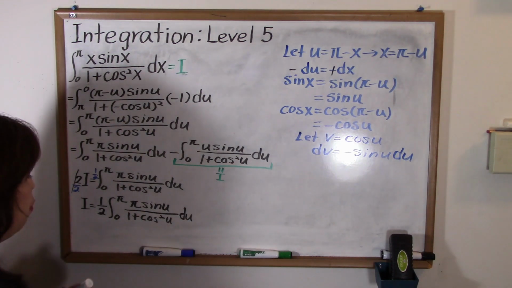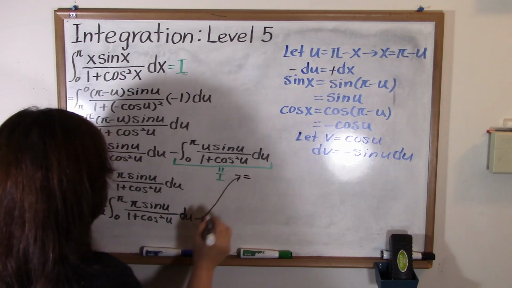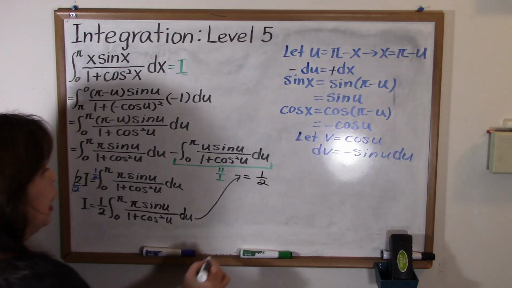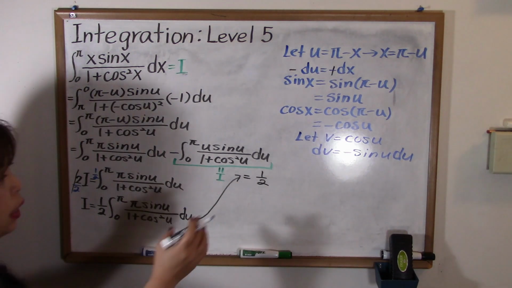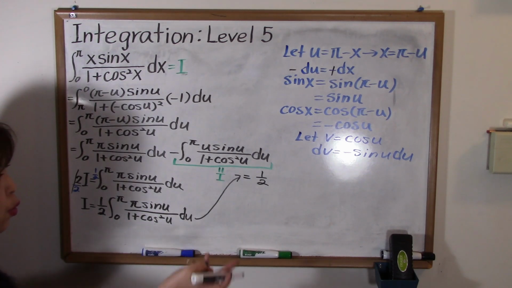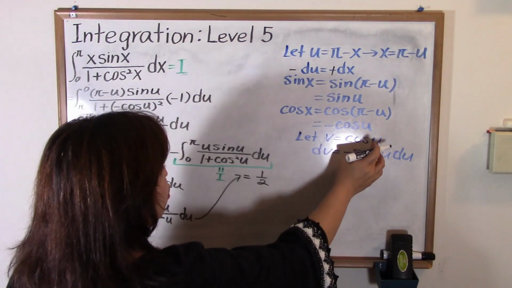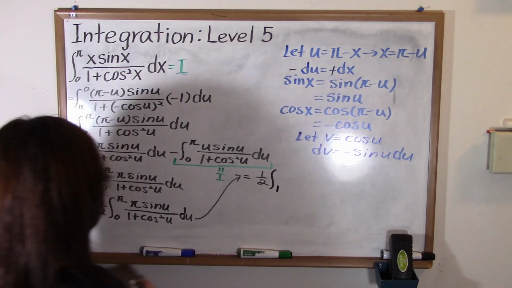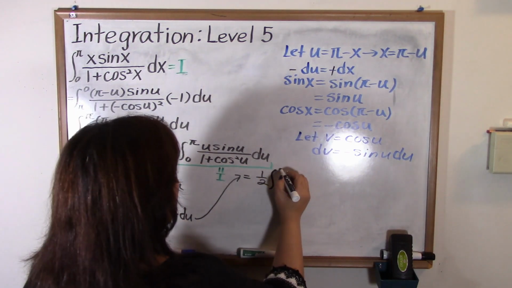So, now we're going to move over here. Is equal to 1/2. And then, bound's going to be different because now we have a v. So, we have to change bounds with respect to v. So, lower limit 0, cosine of 0, which is 1. And the upper limit pi, cosine of pi is negative 1.